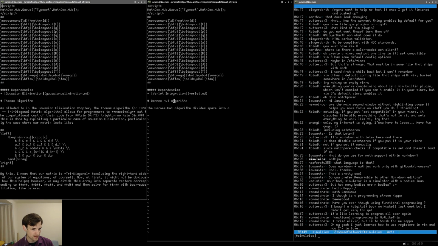Barnes Hut algorithm is divide space into a quadtree, an octree. Let's say octree in order to better approximate and cut computational time without losing much precision in n-body simulations.